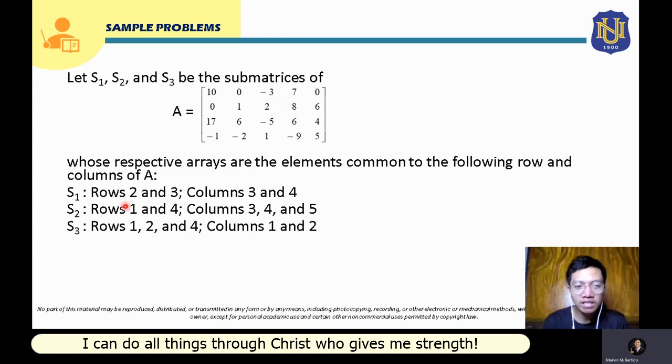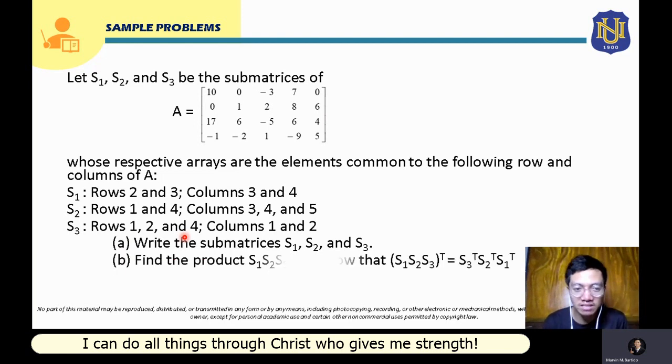Now for S2, the given here is rows 1 and 4, and columns 3, 4, and 5. Now for S3, it is rows 1, 2, and 4, and columns 1 and 2. So that's the first question: you have to write submatrices S1, S2, and S3. Then we have to find the product S1 S2 S3, and show that (S1 S2 S3) transpose is equal to S3 transpose times S2 transpose times S1 transpose.